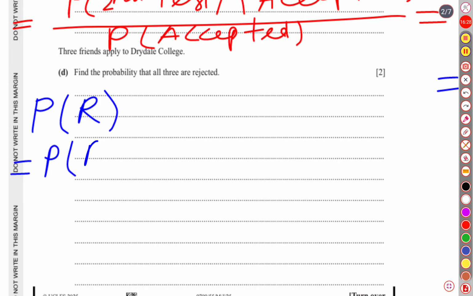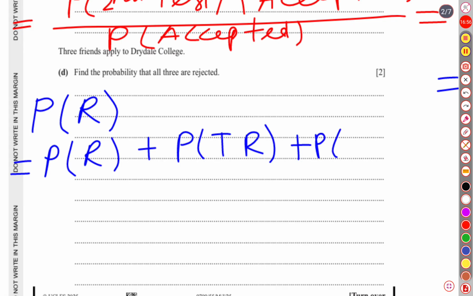As there are three possibilities, he might be rejected in the first case, or he might be given the second chance. So first test and he was given the second chance, but he was rejected, or he was given two chances, first test, retest, and again he was rejected.